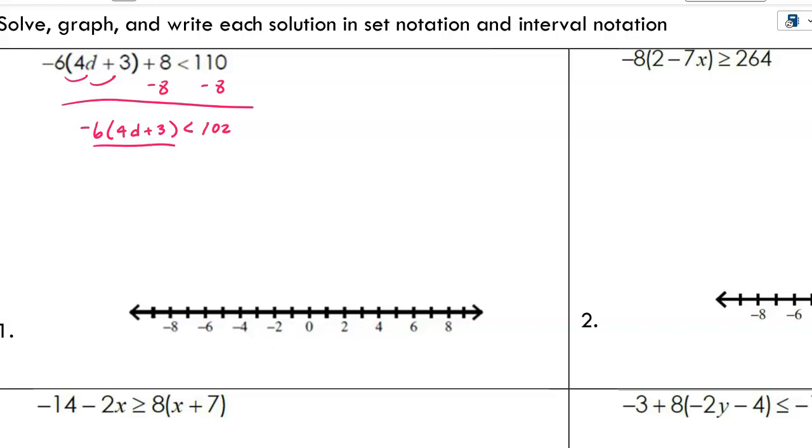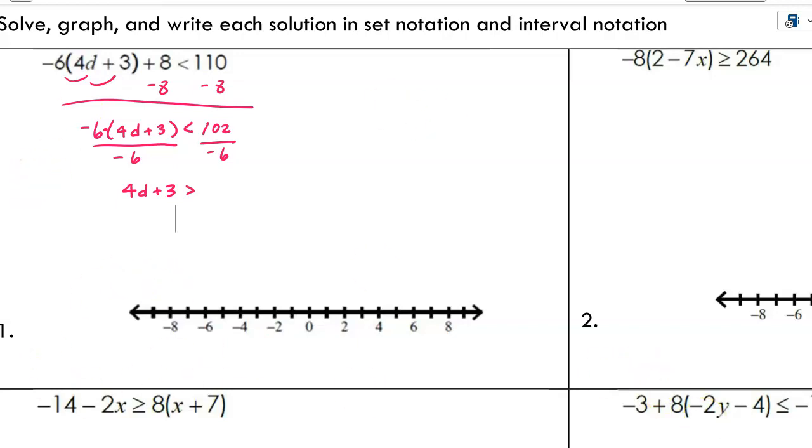You can distribute, but since the -6 and that binomial 4d plus 3 are factors, I could just divide this by -6. Okay, 4d plus 3. Dividing by a negative tells you that it's a U-turn, so it's going to flip the inequality. And then 102 divided by -6.